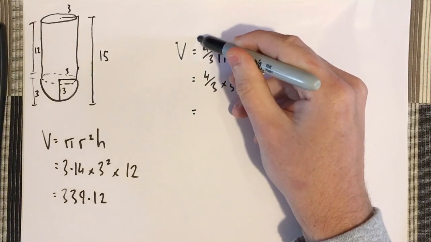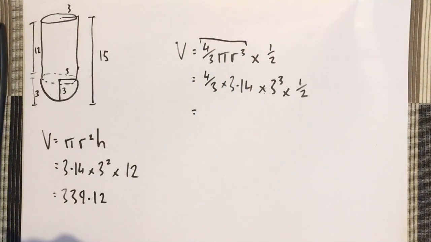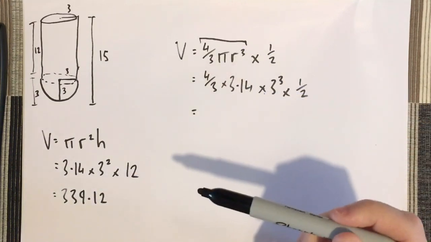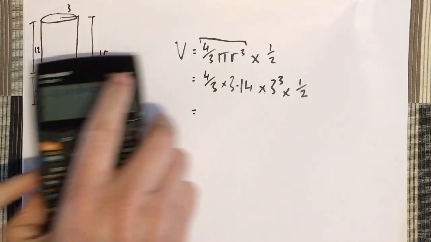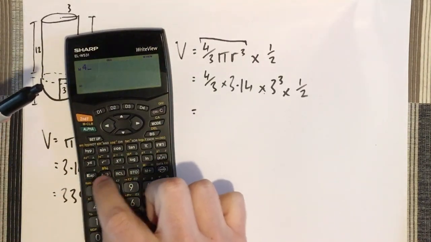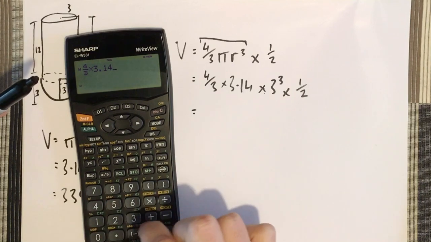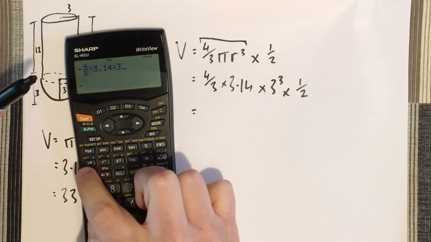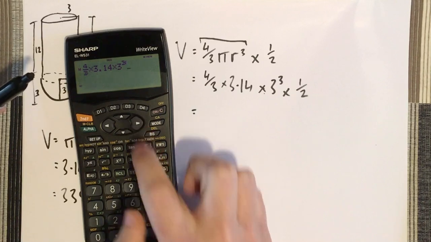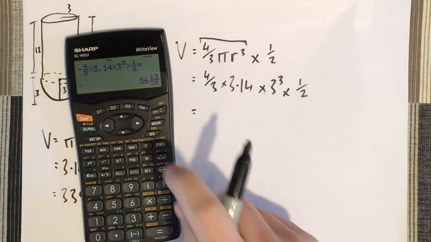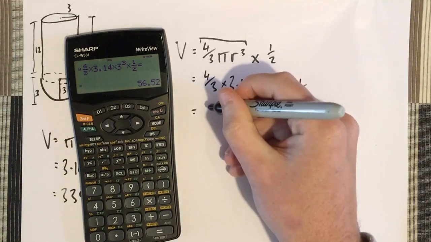It is just the full sphere formula, which is in your log tables. You need to know to get a hemisphere, you multiply that by a half. Let's plug all that into the calculator. So it's 4 over 3 multiplied by 3.14 multiplied by 3 cubed multiplied by a half, and that is 56.52.